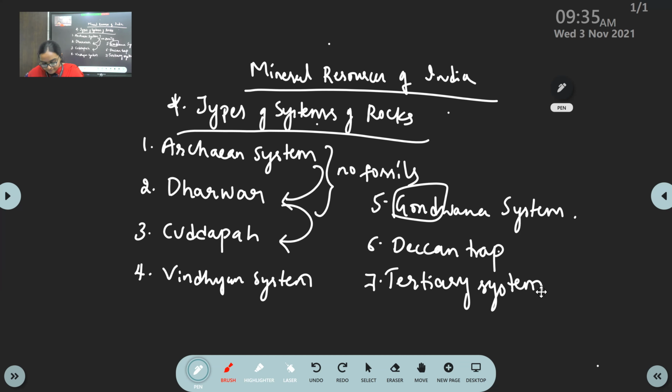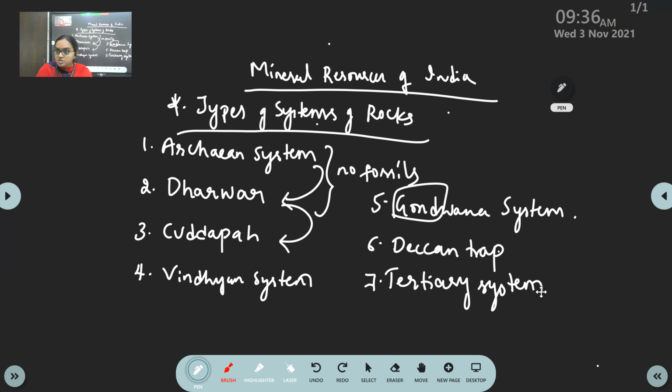Example, rocks of the Himalayan mountains. Himalayas are recently originated, isn't it? Greater Himalayas, Lesser Himalayas, Shivaliks, which is newly formed.